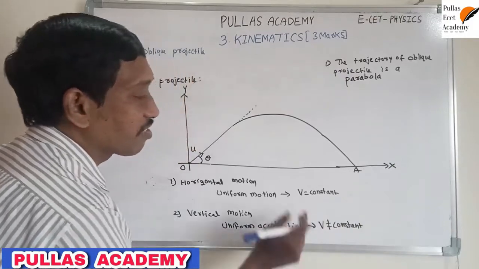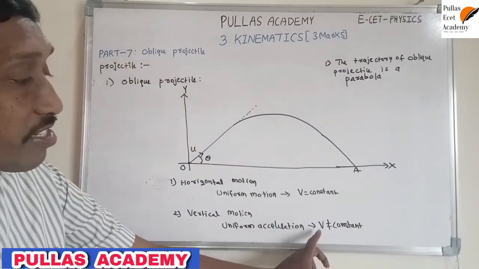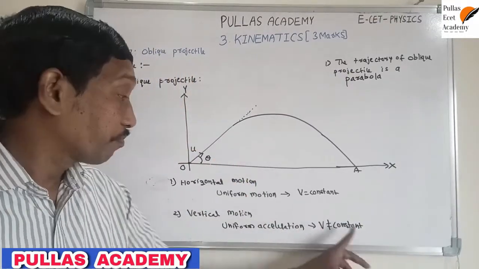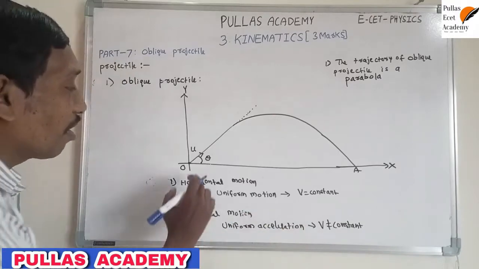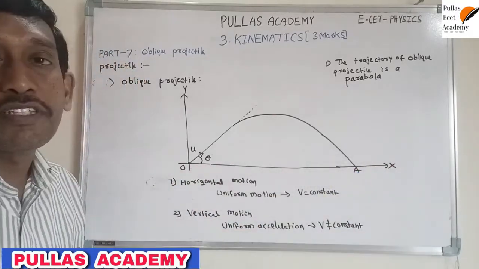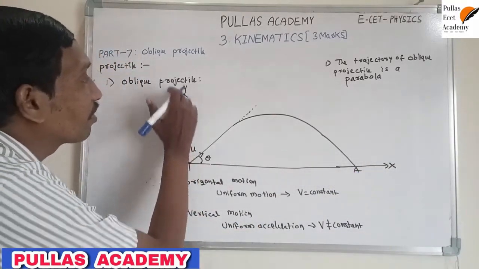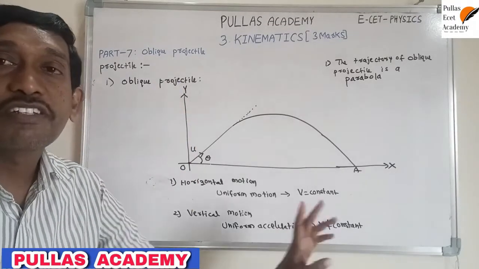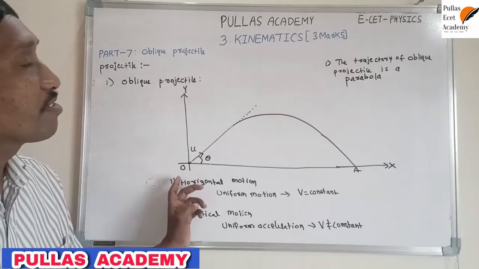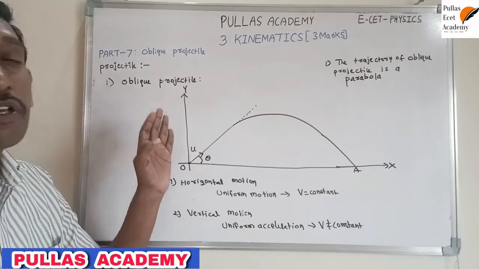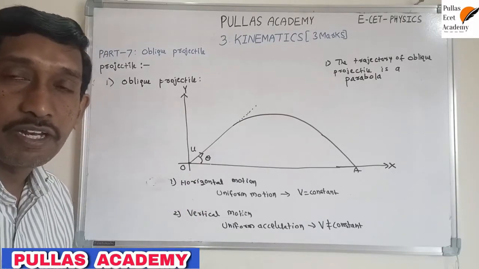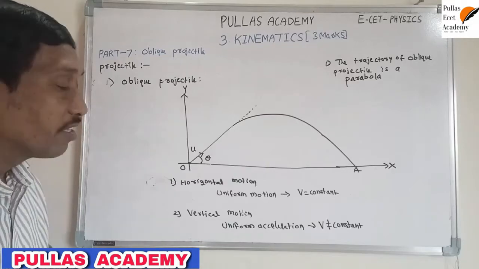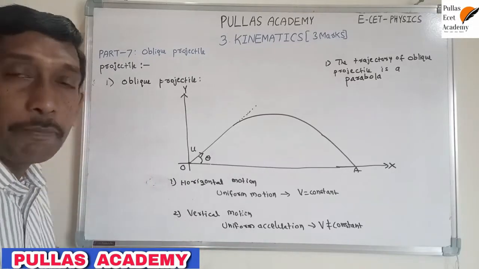But what is constant? Acceleration is constant, but velocity is not constant. That means along the x-axis velocity is always the same, but along the vertical direction acceleration is constant but velocity changes. How the velocity changes with respect to the y-axis we will discuss clearly now for this oblique projectile.